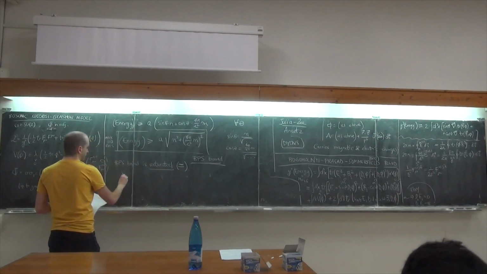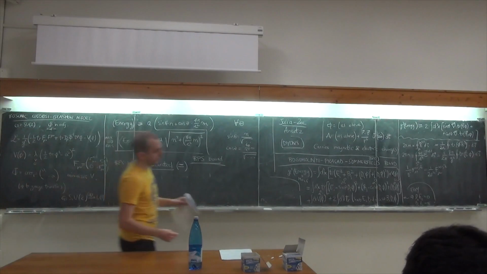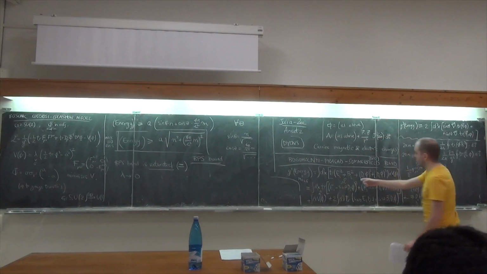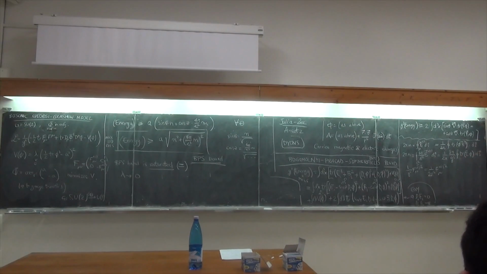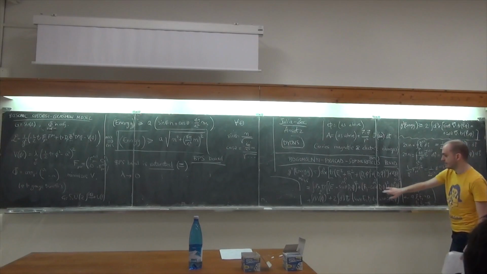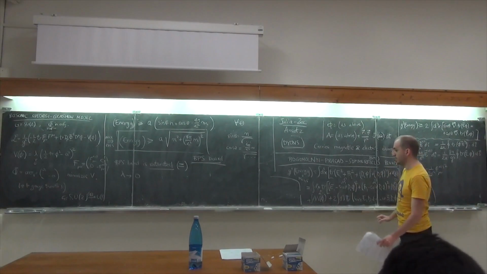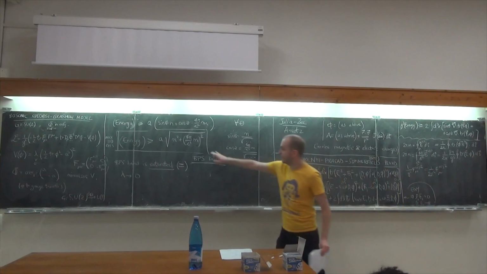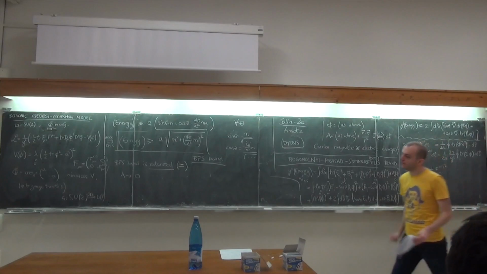So first of all, you need lambda to go to 0, because we had the scalar potential here. To saturate the bound, I have to cancel all these squares and the potential, because the right-hand side that I had here was just coming from this last term.